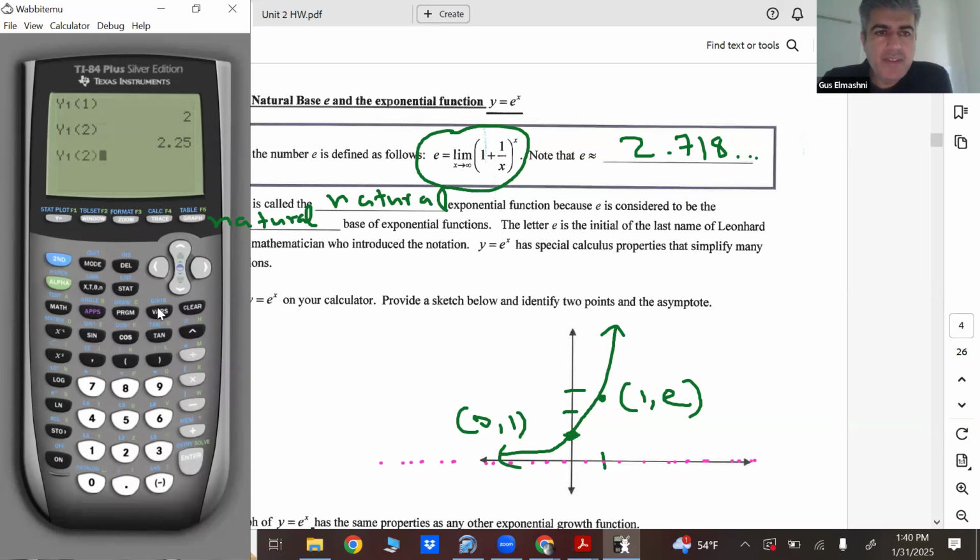Okay. If I plug in 10, okay. If I plug in 100, so I'm letting x go towards infinity, right? Using that limit notation. Okay, what do you see happening? Yeah, it's converging. It's not going to keep going up forever.